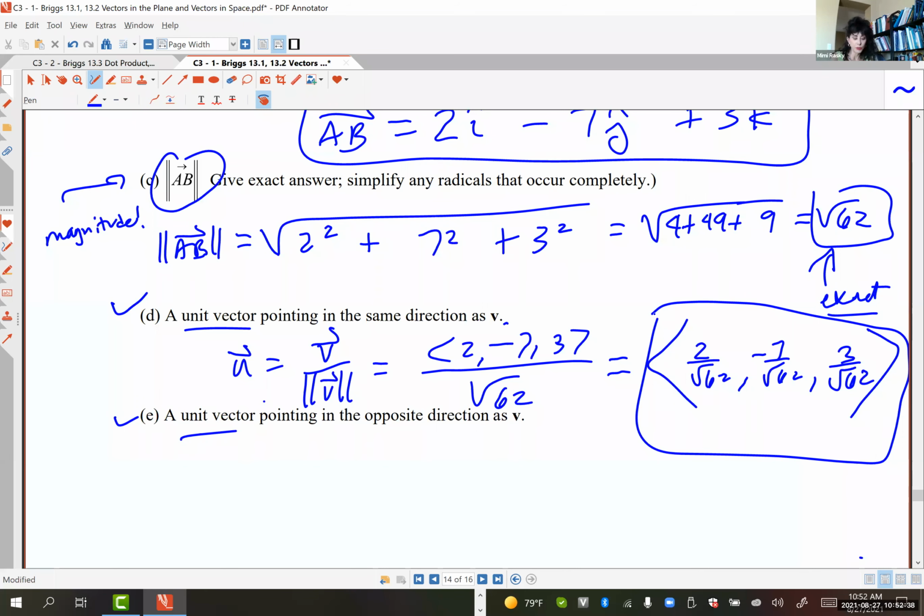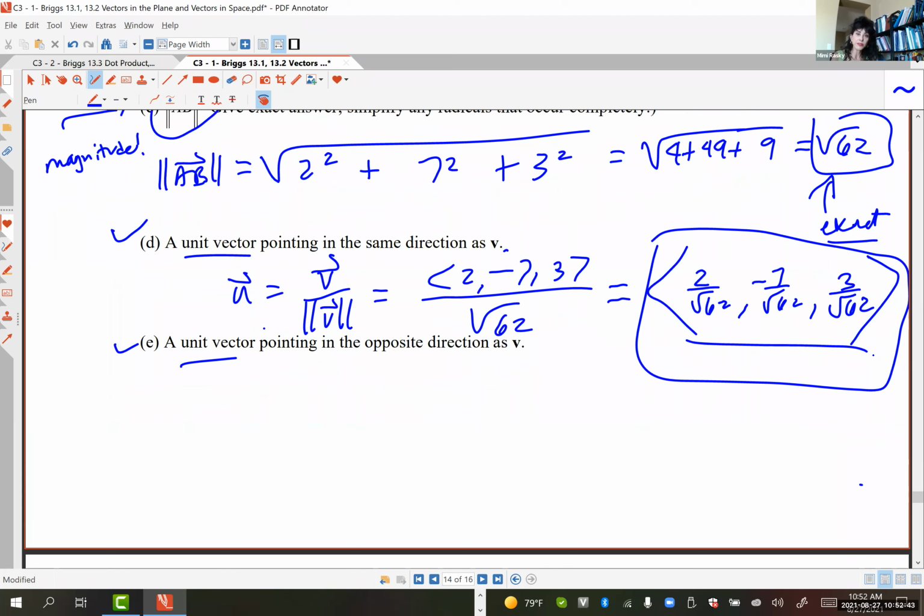And you unitized. We unitized it, which means the magnitude of this result is what? What's the magnitude of a unit vector? 1. Good, 1. And then letter E is easy because they just want a unit vector pointing in the opposite direction of V. So how can we get that?